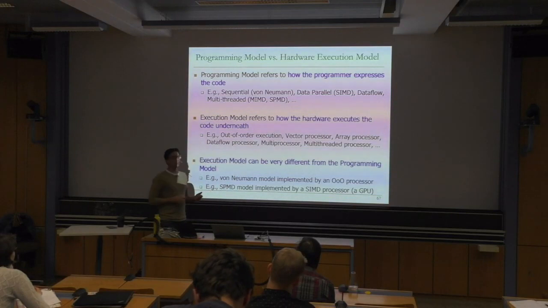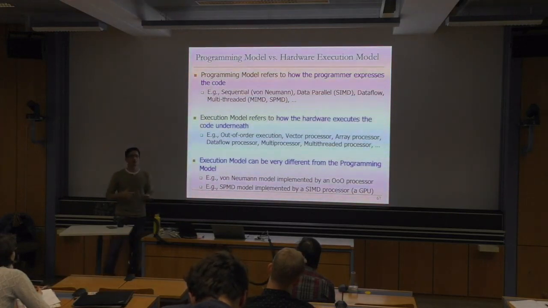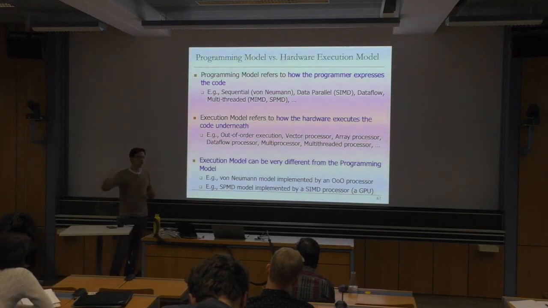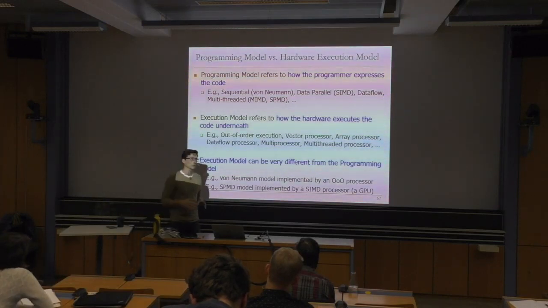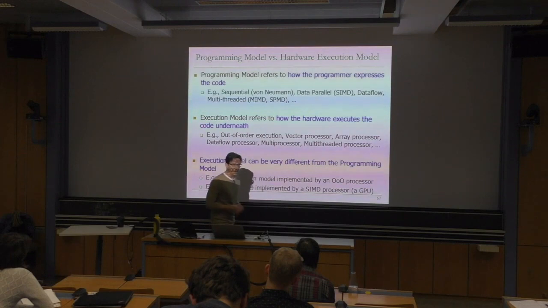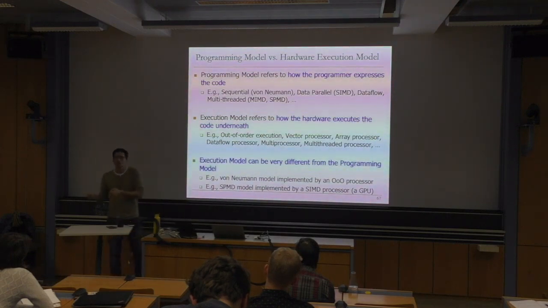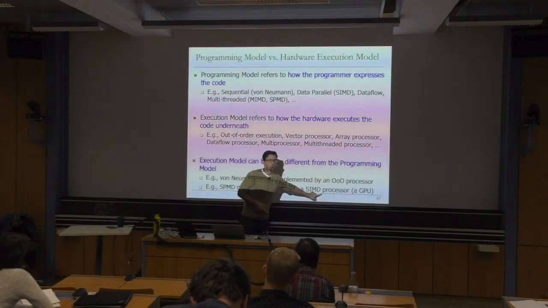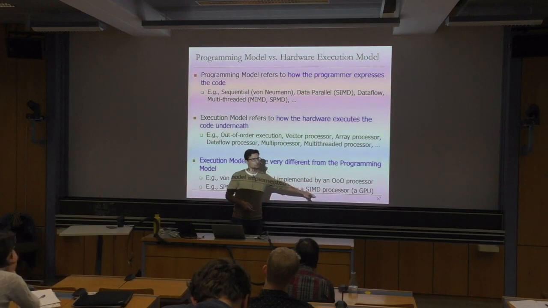And in GPUs, what we are going to do is exactly the other way around. We are going to write a program for each of these hundreds, thousands, or millions of threads that we want to run on the GPU, but the way that this program for each of these threads is going to be executed is as if the GPU was a SIMD processor.